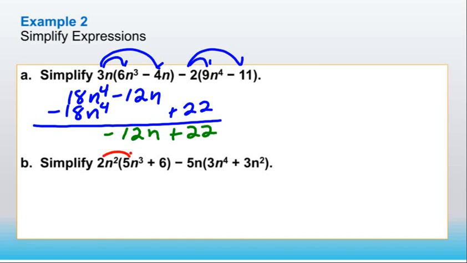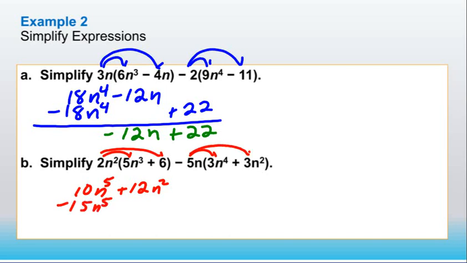Next, distribute here. I get 10n to the fifth plus 12n squared. And then distribute here, minus 15n to the fifth. Negative 5 times 3 is negative 15n to the third.